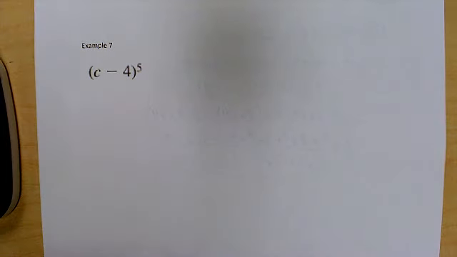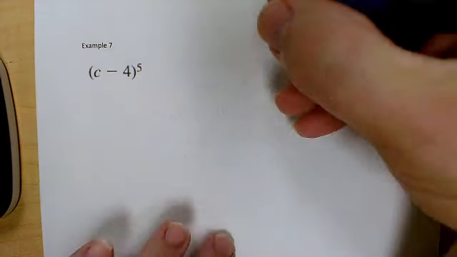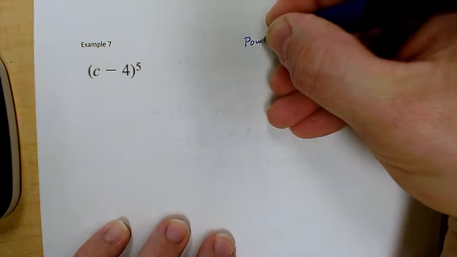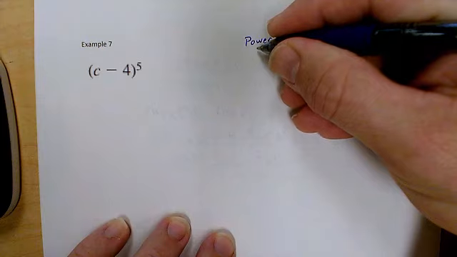So for my honors, I talked about Pascal's triangle to do binomial expansion. So that's what I'm going to do here, where I'm just going to really quick make Pascal's triangle out to the side here.